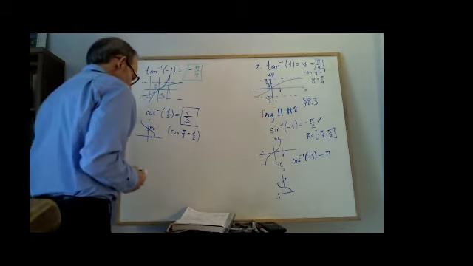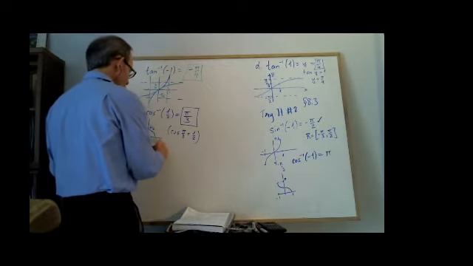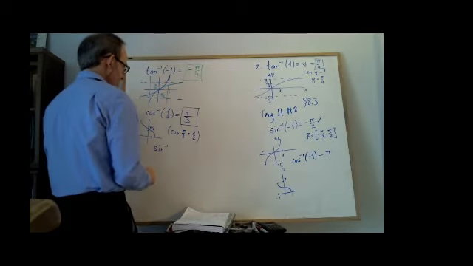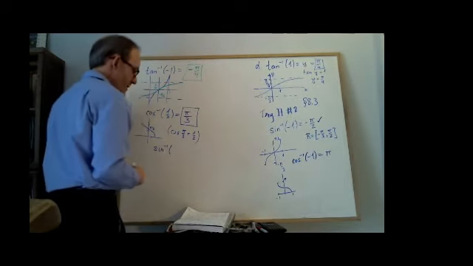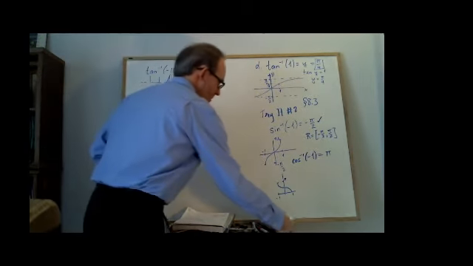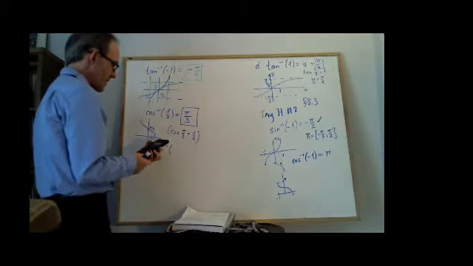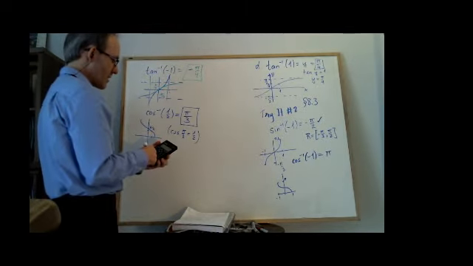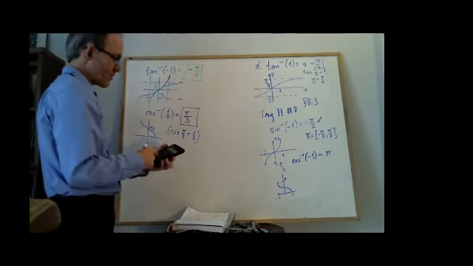Okay, let's do ones which require the use of a calculator. If you use the calculator, you usually have to press shift and then the inverse trig function, the same key as the original function, but you need to use a shift key before that.